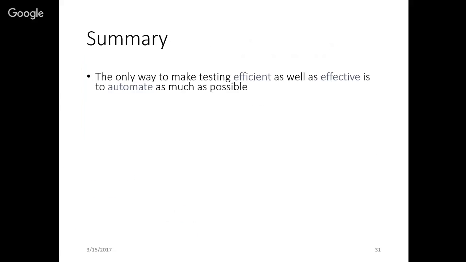So as a summary for this lecture, the only way to make testing efficient as well as effective is to automate it as much as possible. Because if you don't automate it, you have human errors, you have other factors that can affect the whole process.